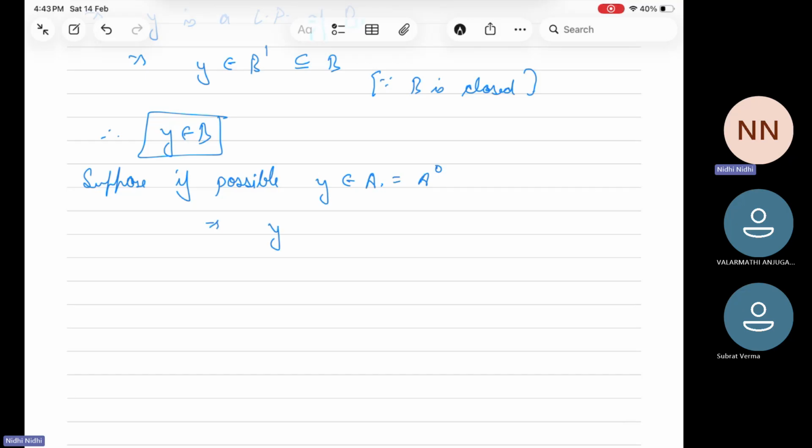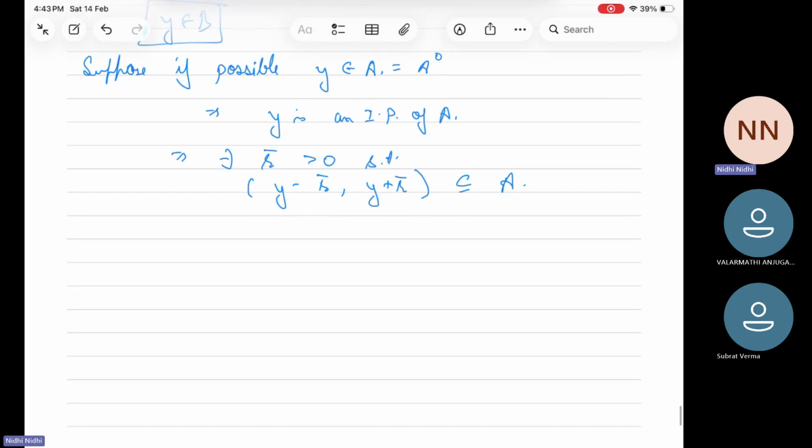That means y is an interior point of A. That means there exists some r bar positive such that (y minus r bar, y plus r bar) is contained completely in A.